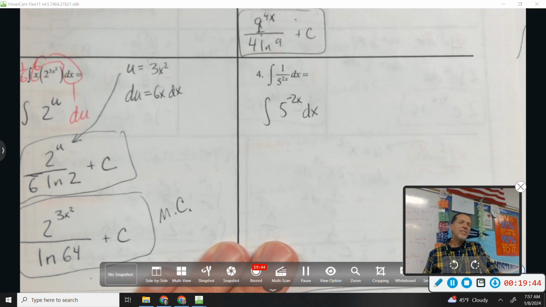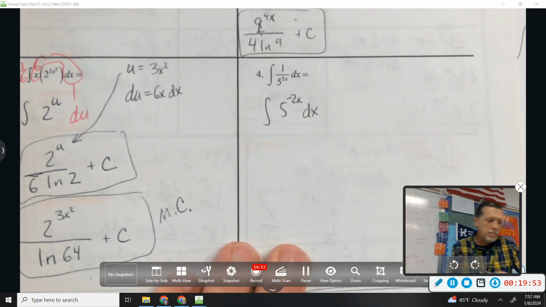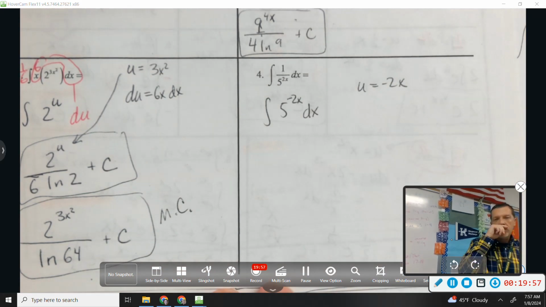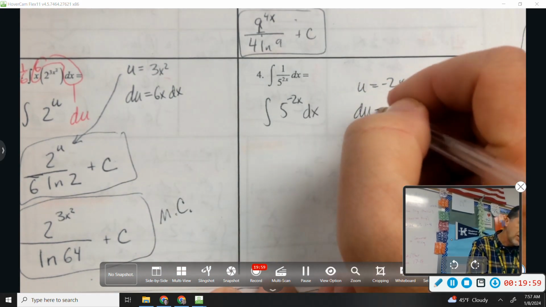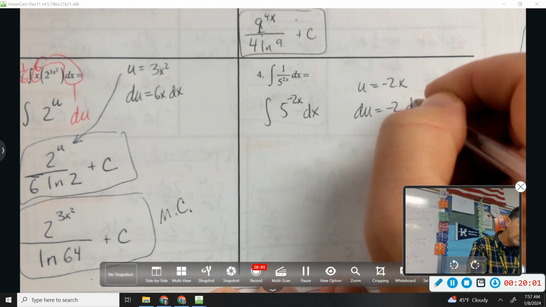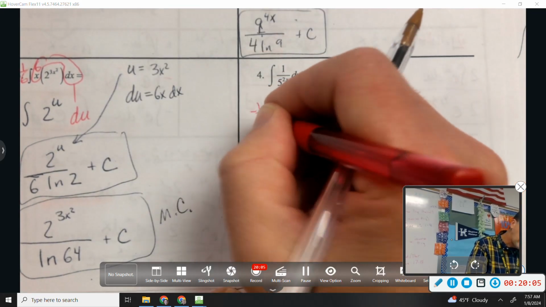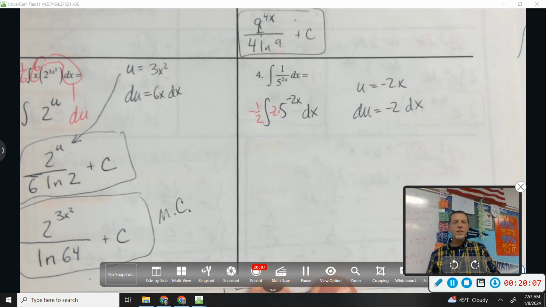And my guess is some of you would probably do this one without writing out the u substitution, or at least sort of just do it in your head. But probably most of you aren't there yet. So u is negative 2x. du is negative 2 dx.